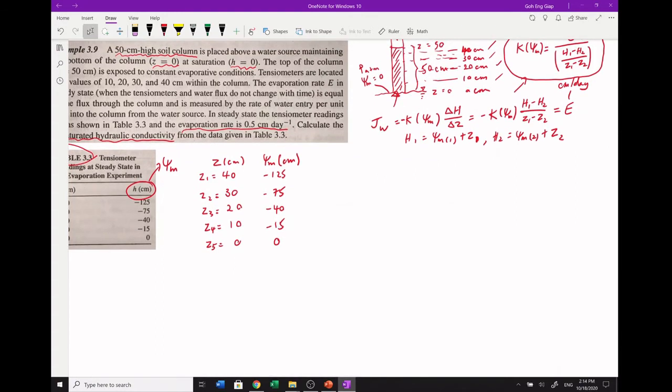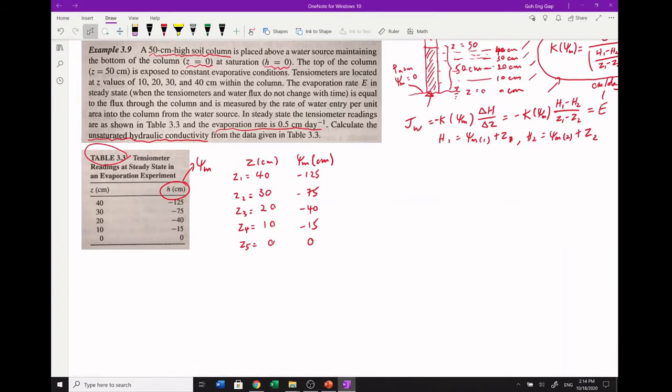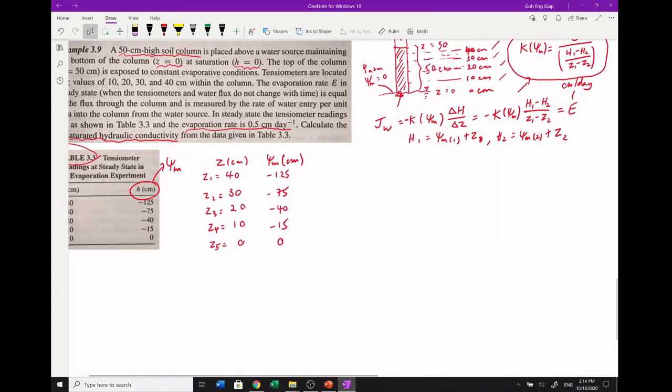So since we have Z, okay, we have the metric suction. Now we have to calculate the hydraulic head, in centimeter. Alright, so we can take negative 125. In this case we can assume it as Wm1 plus Z1, which is equal to negative 125 plus 40, which is equal to negative 85, right?